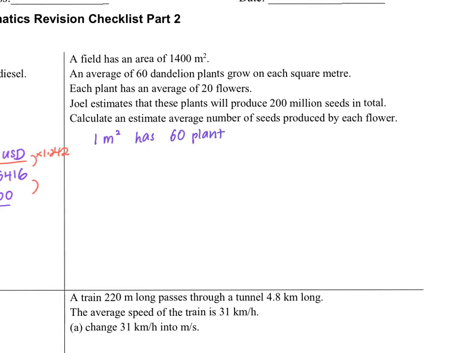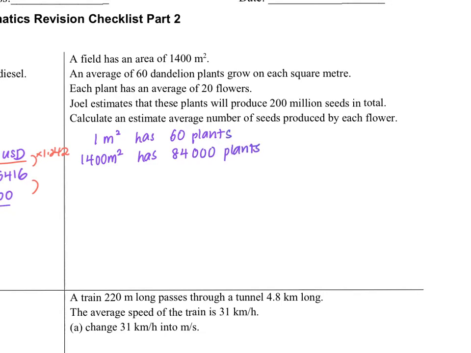Correct? Now I have a total of 1,400 square metres. It will give you how many plants? I'll need to multiply 60 by 1400, and that will give me 84,000 plants.